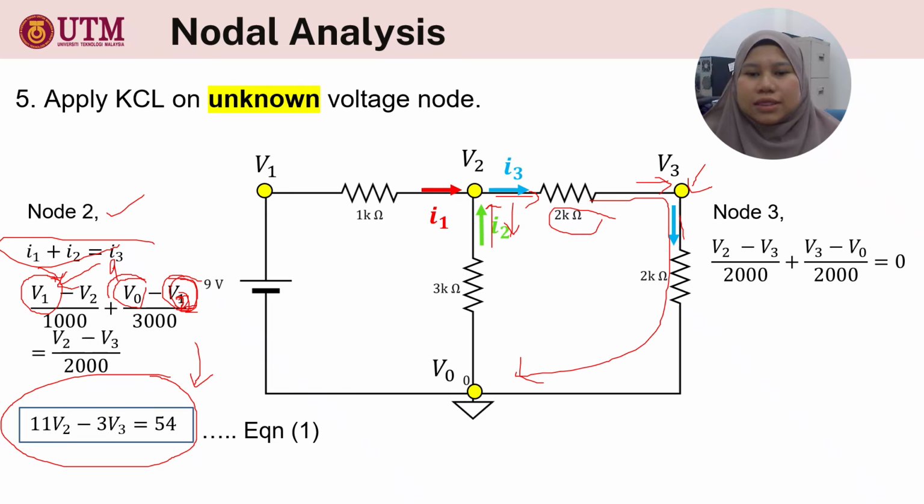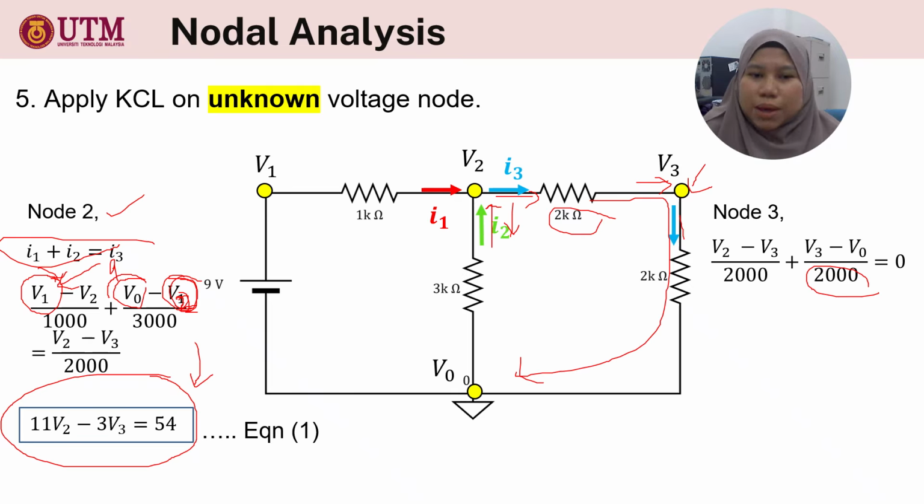So in this current, V2 minus V3 divided by 2000. This resistor. And then this one, V3 minus V0 divided by 2000 also. Some students might ask, Doctor, can I directly do V2 minus V0 and then divide by 4000? Because this is series, the current is the same.